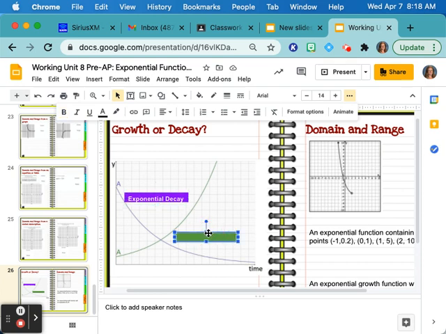All right, and then the green one, that is going uphill, right? So it's an exponential growth. There we go.